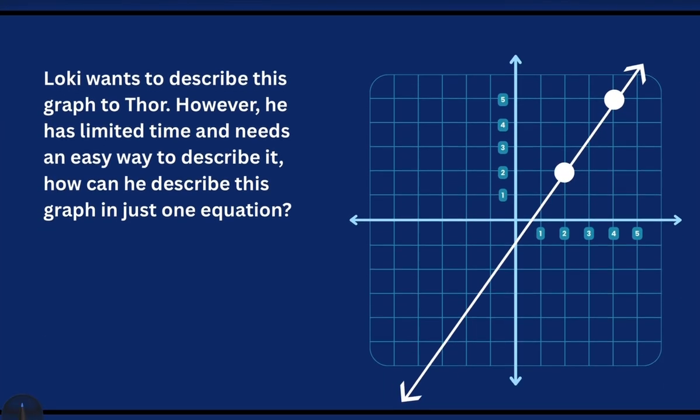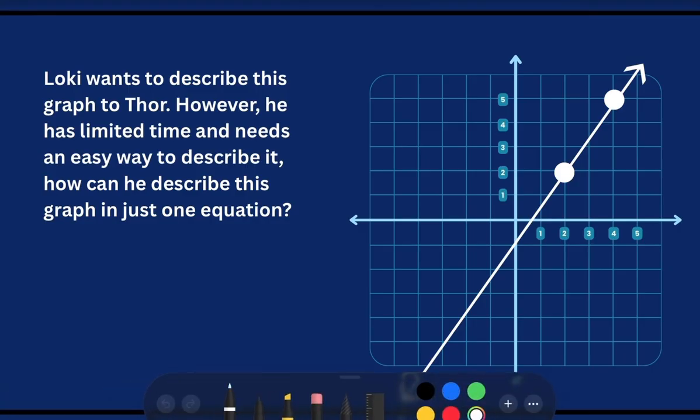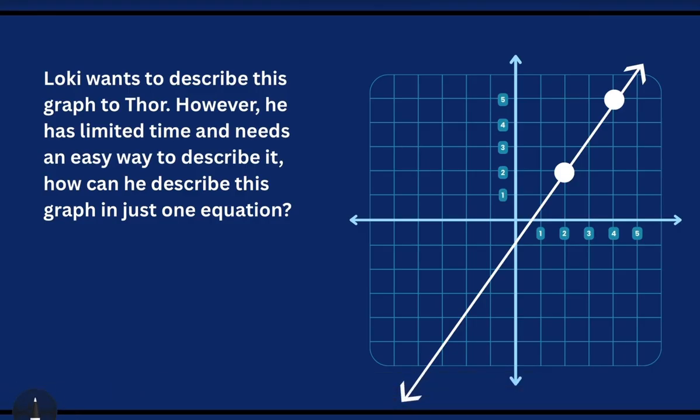So let's talk about this one, where Loki wants to describe this graph to Thor. Well, now we know that all he has to do is put it into point slope form, which as we mentioned earlier is y minus y1 equals m(x minus x1). So the first thing that we need to identify is our y1 and our x1, which could be any point on this graph.